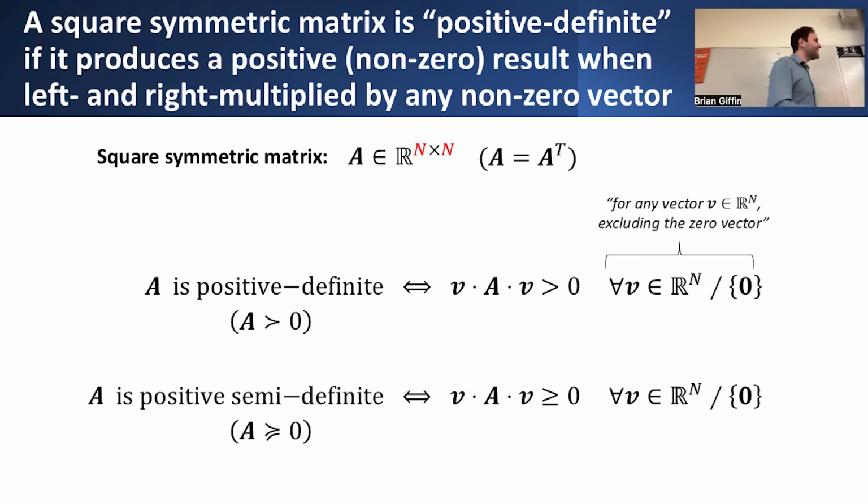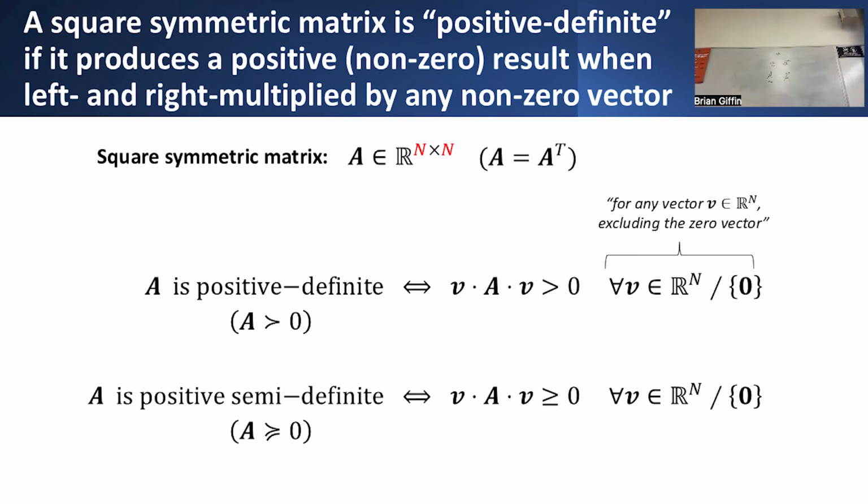The main thing to know is that the property of positive definiteness is a sufficient condition to ensure that a particular matrix is invertible. And there are some other nice aside properties that come from having this property as well. We'll talk about that later. Positive semi-definite matrices almost satisfy the same requirement.